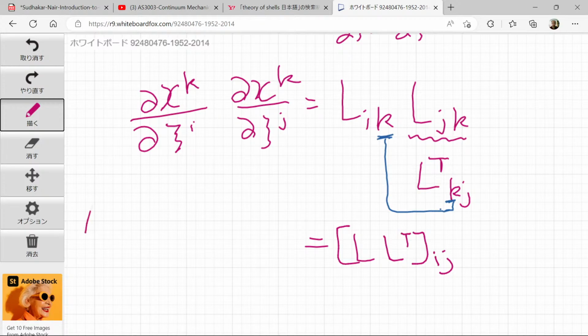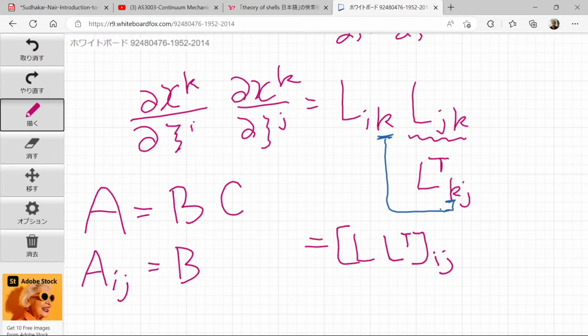You should remember this: if A is B multiplied by C, then this component ij can be written as b_ik c_kj. See, this is the same.